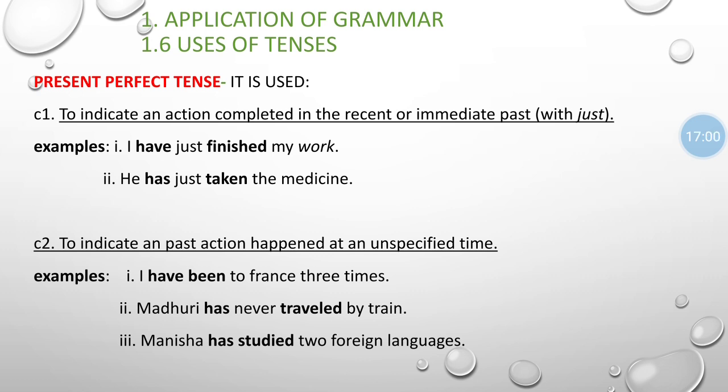Madhuri has never traveled by train, never in her life. Manisha has studied 2 foreign languages. Now she has knowledge of 2 foreign languages very well, but the time isn't mentioned, either today, yesterday, last week or last year. So the time is unspecified, that's why the present perfect tense is used.